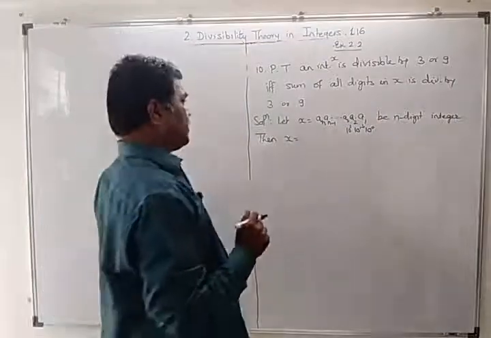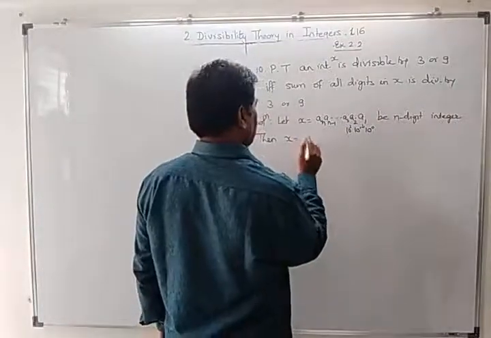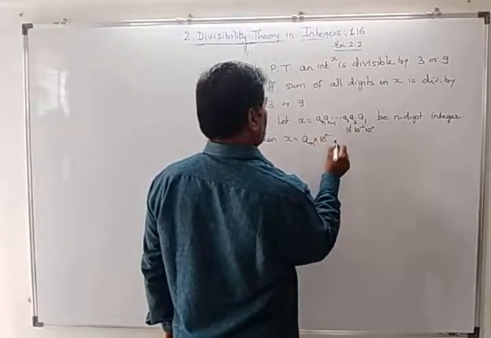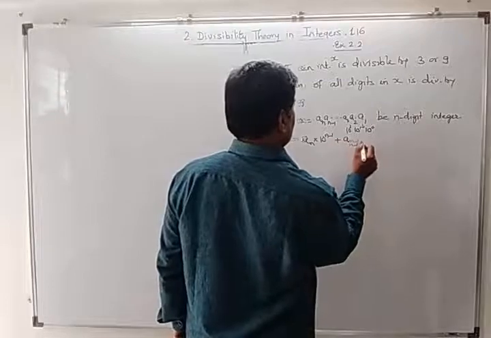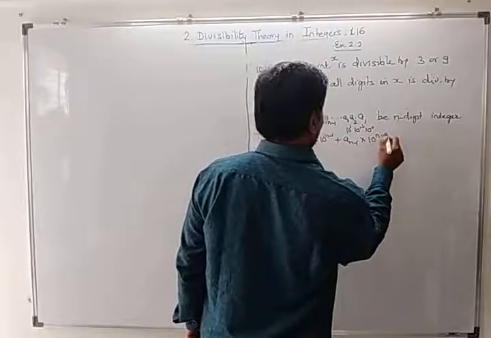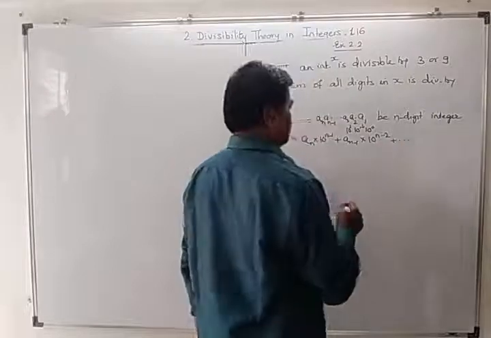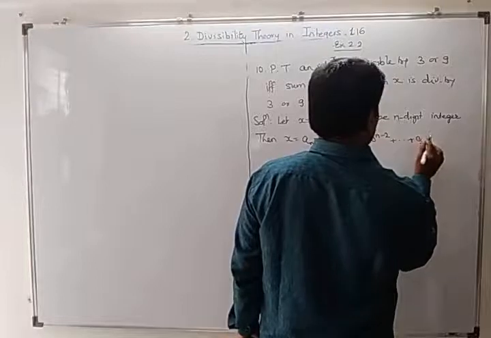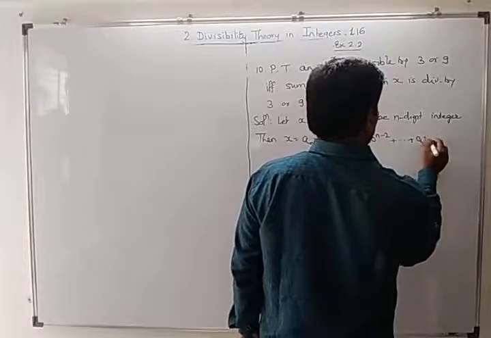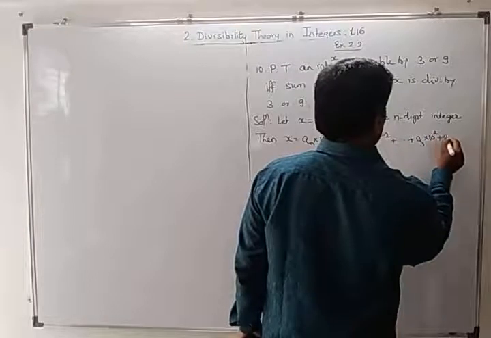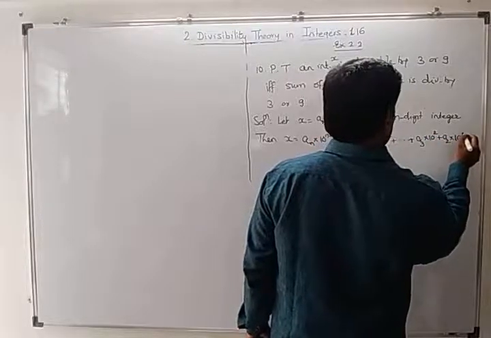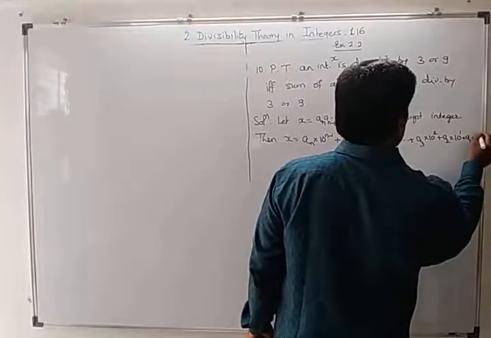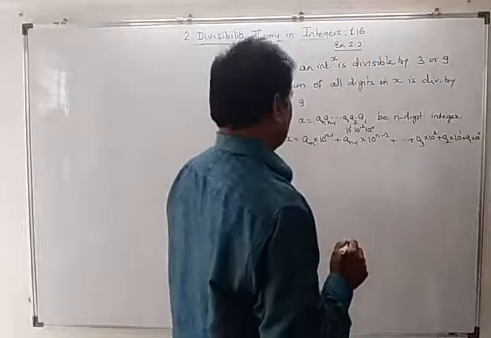Then I can write this as an into 10 raised to n minus 1 plus an minus 1 into 10 raised to n minus 2 plus so on up to a3 into 10 square plus a2 into 10 raised to 1 plus a1 into 10 raised to 0, that is 1.